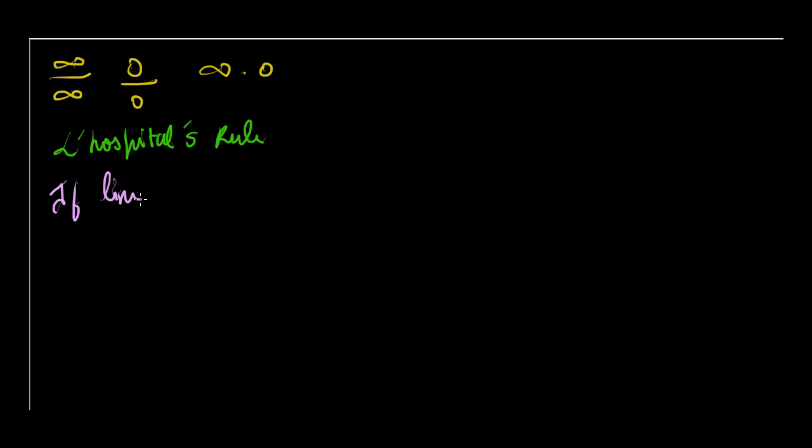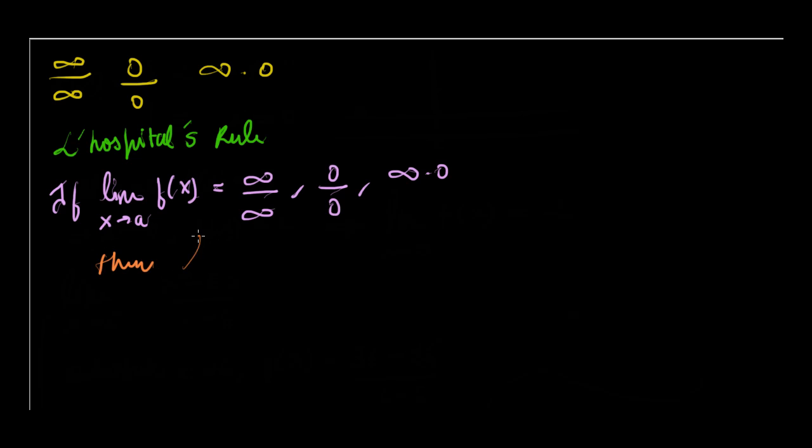the limit as x approaches a of f of x is of the form infinity by infinity, or 0 by 0, or infinity into 0, or something like that, then the limit as x approaches a of f of x is the same thing as, actually there should be ratios of two functions, g of x, let's say.